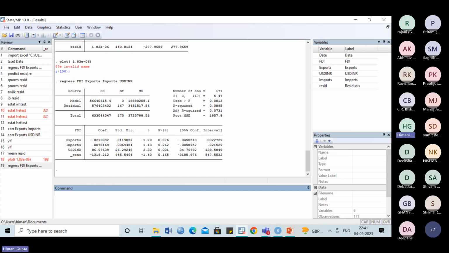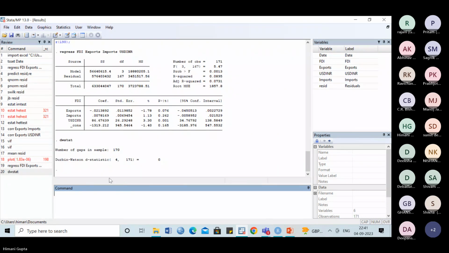And now write estat dwatson. Now you can see that the DW statistic value is 4 over here, so that means it's showing that there is autocorrelation. Because we have learned that if the value is 2 or near about 2, there is no autocorrelation, and if it is more than 2, there is autocorrelation.